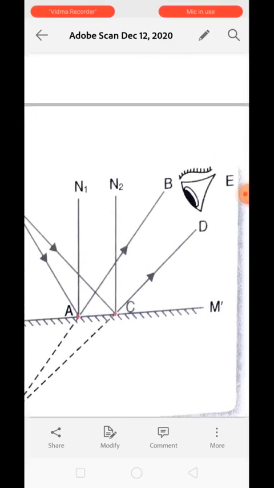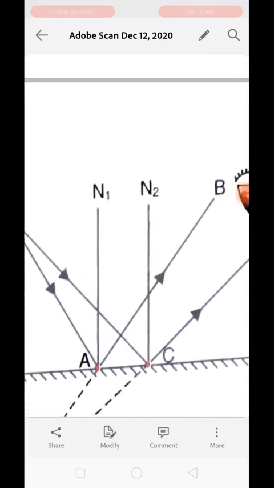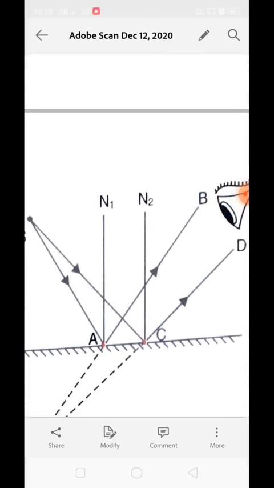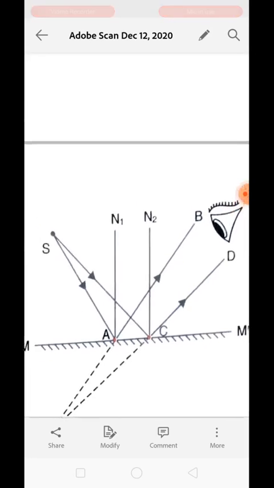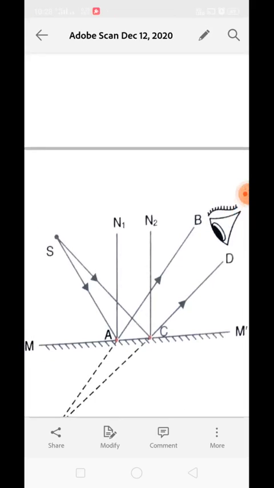We can also see the normal, an imaginary line perpendicular to the reflecting surface. For the incident ray SA, the normal is N1, whereas for the second ray SC, the normal is N2, and the reflected ray is CD.